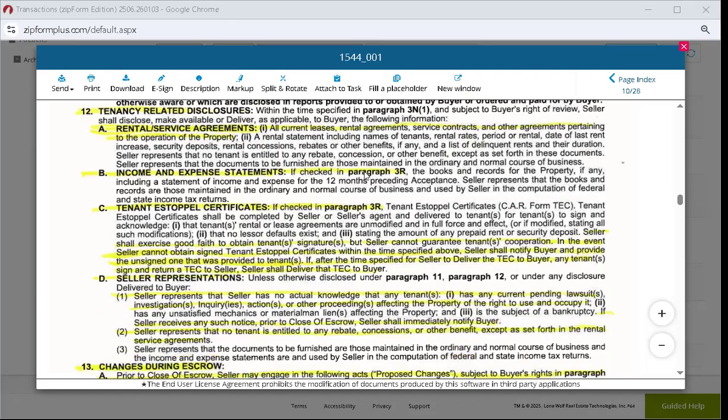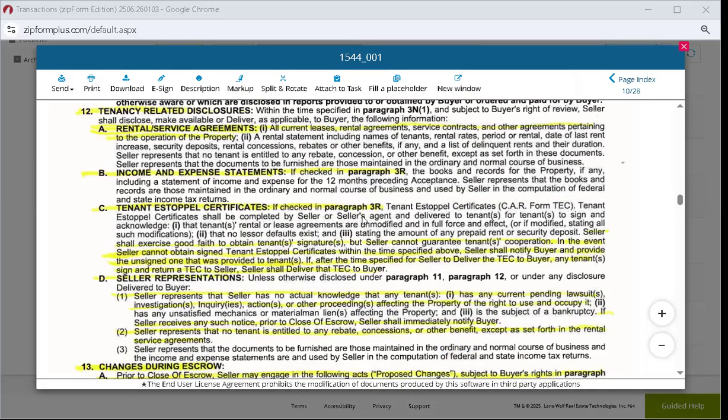Income and expense statement is only applicable to be provided to the buyer if you check the box at 3R. That's why that's important. And it's going to be the books and records for the property, if any, including a statement of income and expense for the 12 months preceding acceptance. So that would be really good information for your buyer.